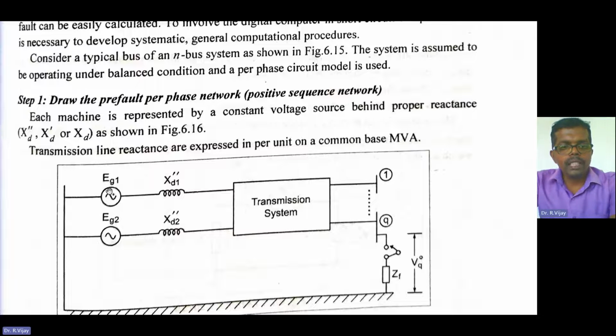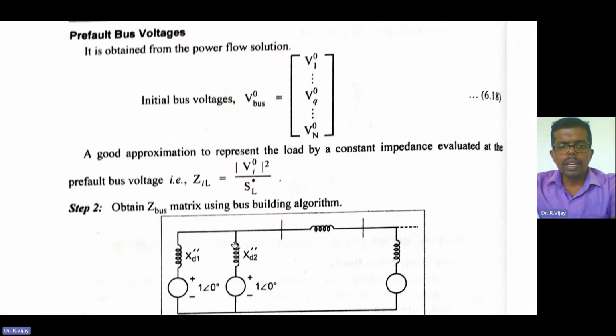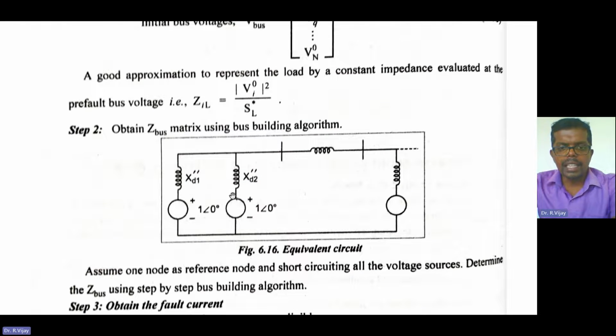For generator 1, the voltage is EG1, and for generator 2 the voltage is EG2, with reactances Xd1 double dash and Xd2 double dash, as shown in this figure.